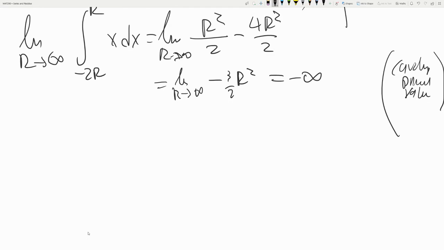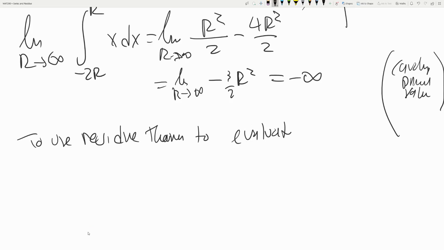Now to use the residue theorem to evaluate star, we have to move into the complex plane.